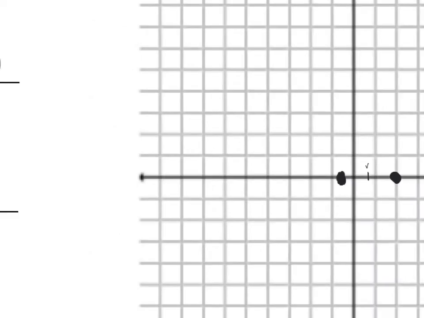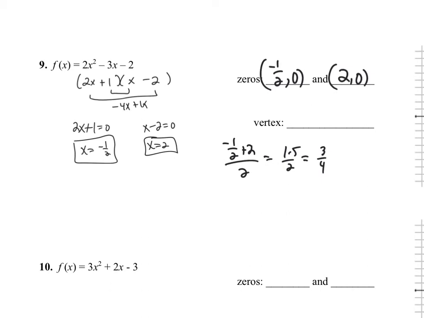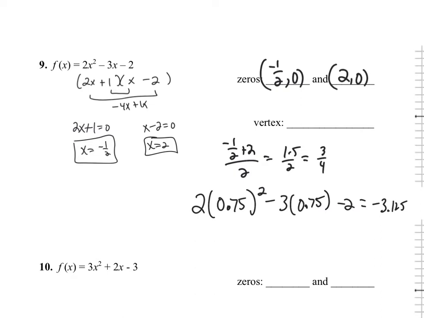And then we don't know how far up or down it's going to be. But we'll plug it back in. So it'd be 2 times 0.75 squared minus 3 times 0.75 minus 2. And when we plug that in our calculator, we get negative 3.125.